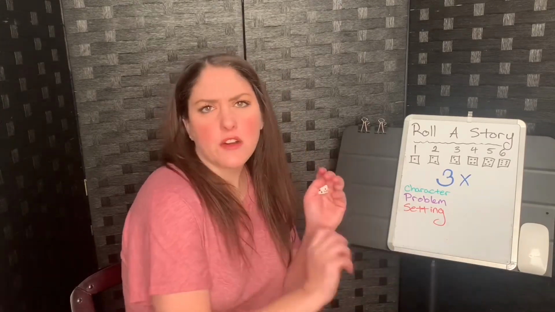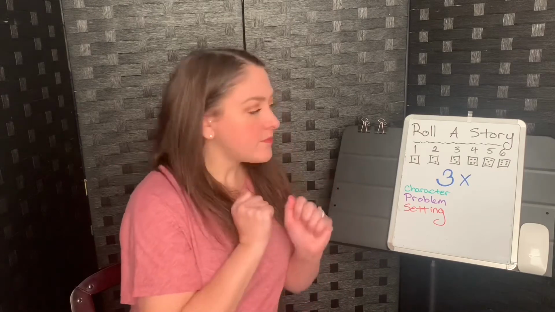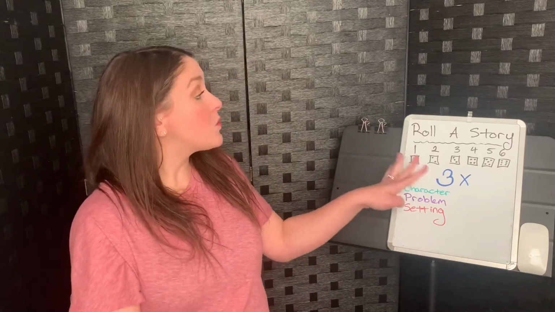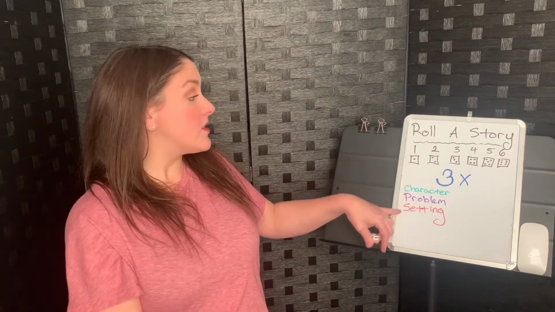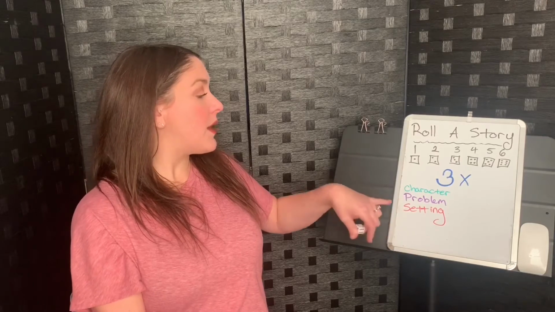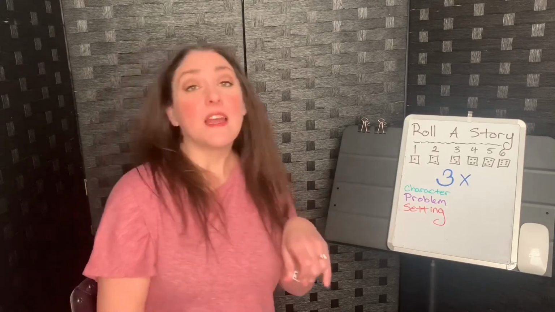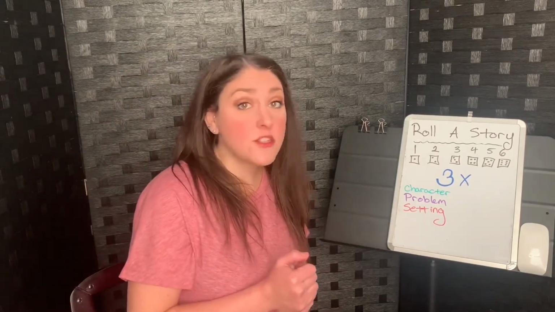If you don't have a die, that's okay. You can just write the numbers on a piece of paper, put it in a hat or in a bowl and choose them out. So we'll have to roll our die 3 times to get our 3 answers of a character, a problem, and a setting. And I'll show you how to do that in just a minute, because first we need to brainstorm.